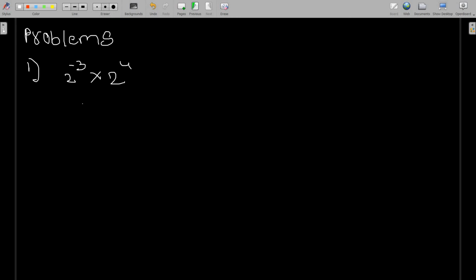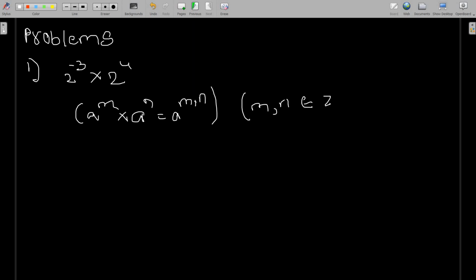So according to the statement, a power m into a power n equal to a power m plus n, and m and n belong to integers.